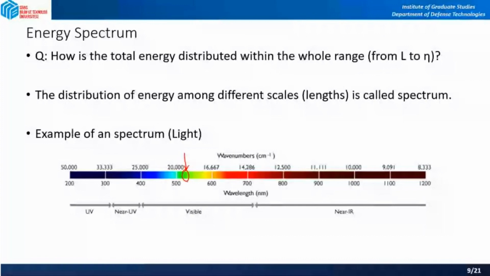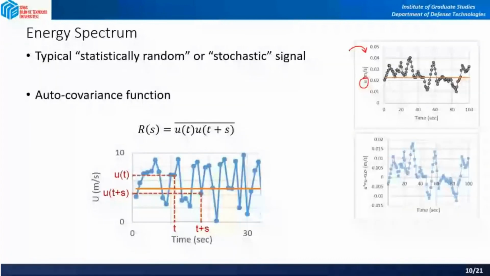You have this orange mean value in here, and if you subtract the mean value, it is a fluctuation around zero, like what you have in here. This is a typically statistically random, or stochastic, signal.